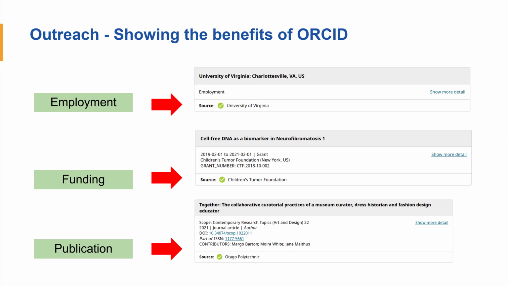Or you may want to push publications to an ORCID record. All of this information can be written or pushed to somebody's ORCID record using an ORCID API. And this shows the benefit to encourage researchers, and anyone else, to make that connection with your organization.